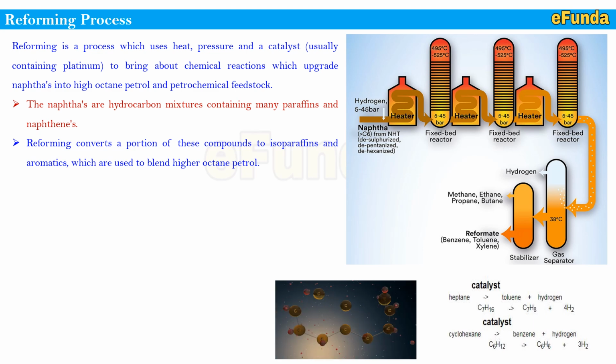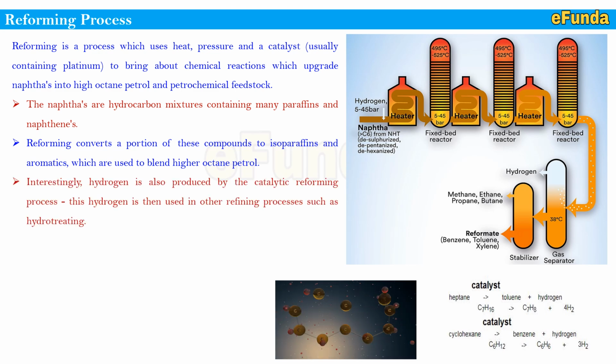The reforming process produces reformate, which is needed to increase the octane of today's cleaner burning fuel. Most interestingly, hydrogen is also produced by this catalytic reforming process. This hydrogen is then used in other refining processes such as hydrotreating.